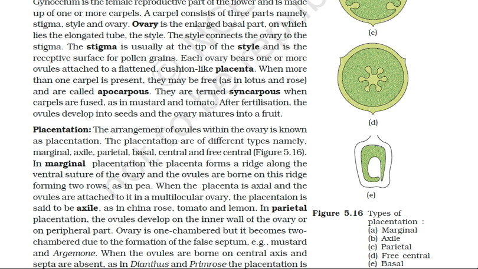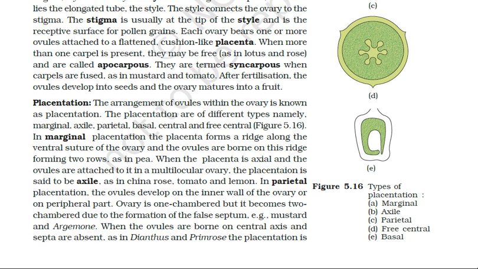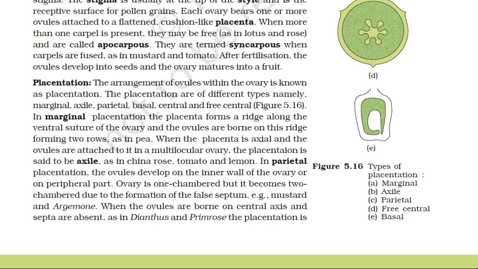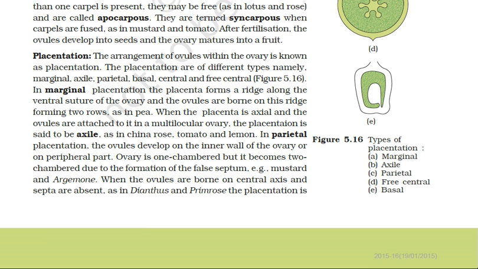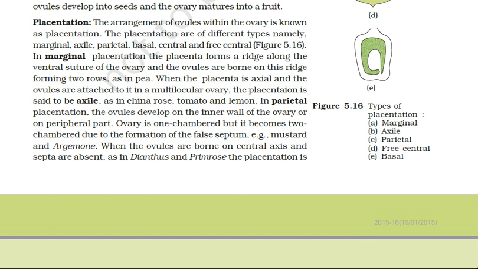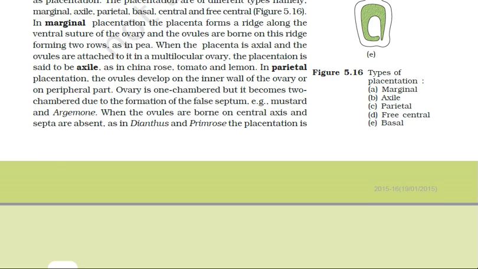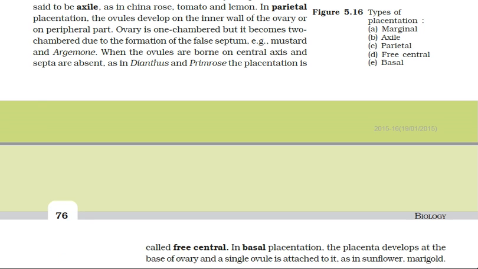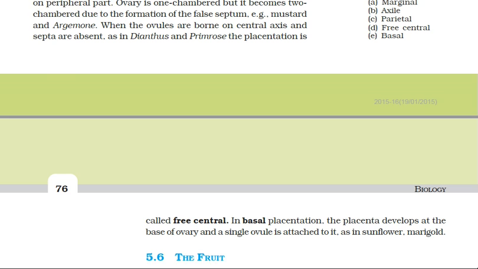Then next we move on to the fruit. Now what is fruit? A fruit is a mature or ripened ovary. It is developed after the fertilization, means the ovary after the fertilization gives rise to a fruit.